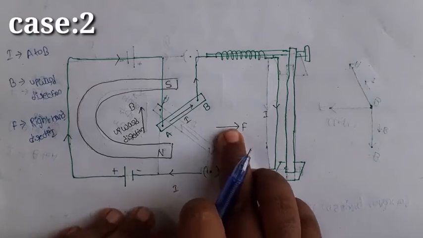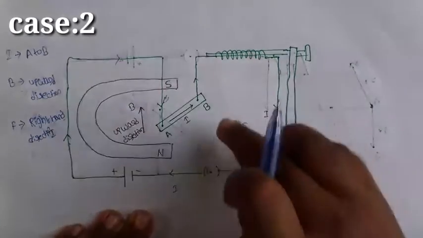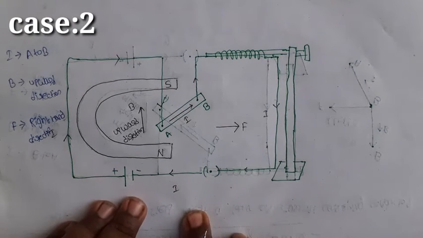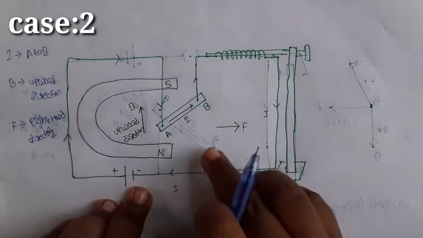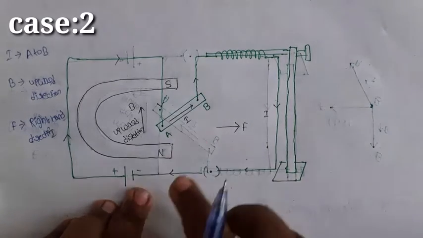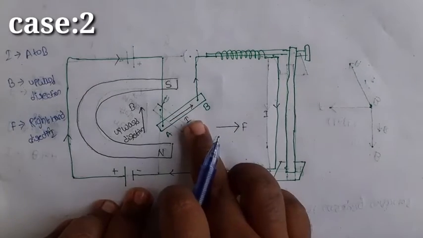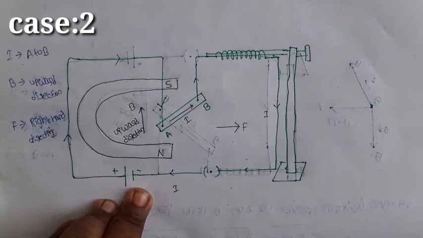Due to this force, what happened? This conductor is moving towards the right hand direction. So when the current is reversed in the electrical circuit, the displacement of the conductor is towards the right side. The force is exerted towards the right side.